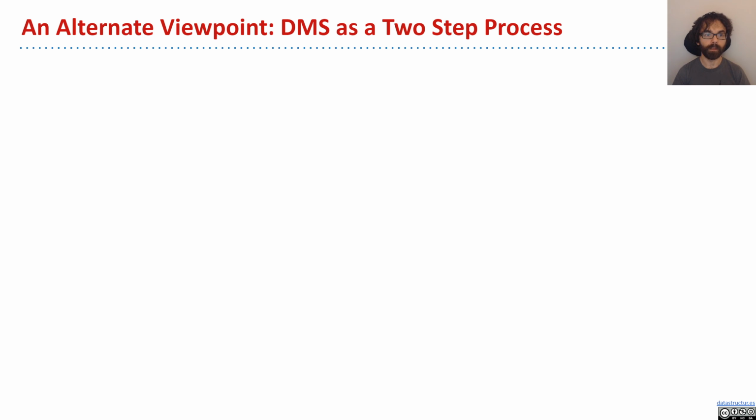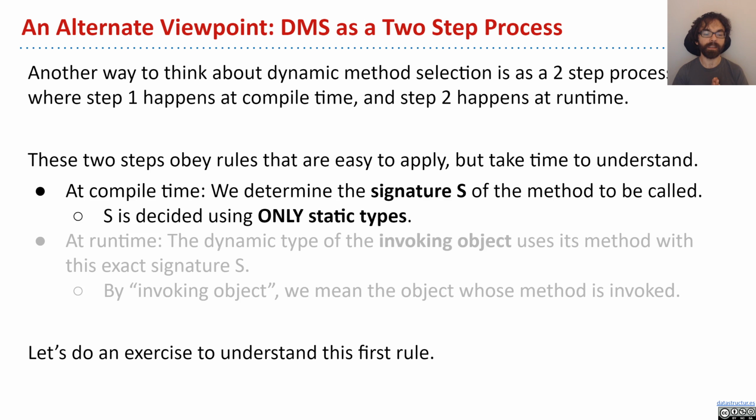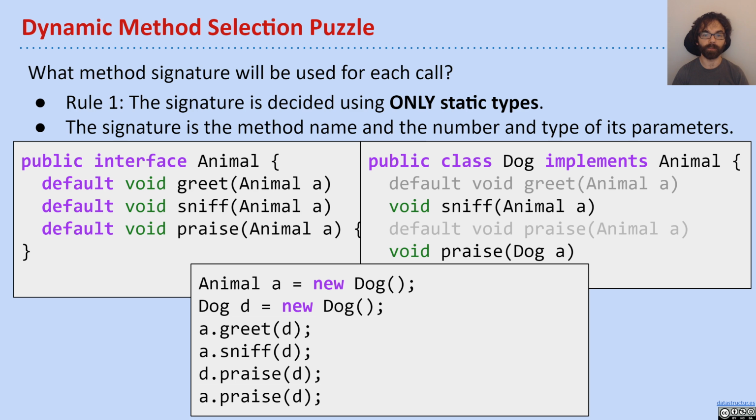Okay. So let's think about this by doing that same exact problem, but now thinking about it as this two-step process. We're going to do an exercise to understand that first rule. Same deal as before. I still have the exact same class and interface. But this time I only want you to do the first step, which is to pick the signature using the static types.